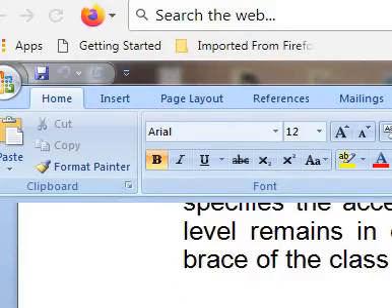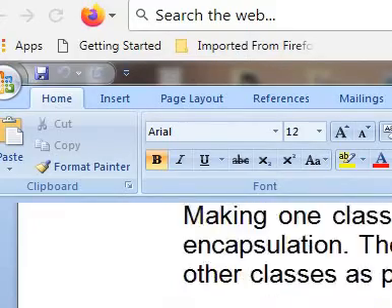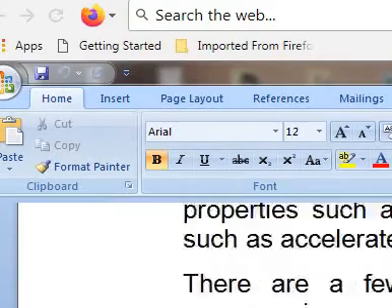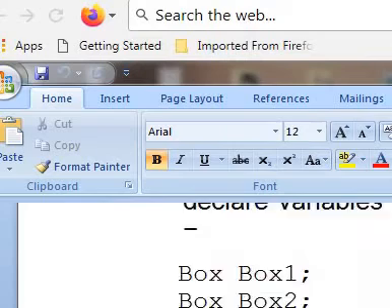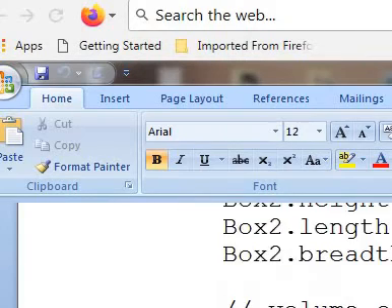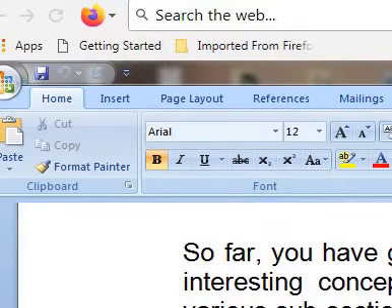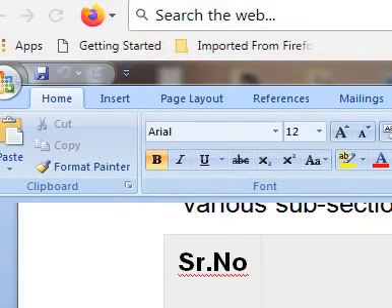Now come to another important concept of object-oriented programming. Class access modifier, or class access specifier.